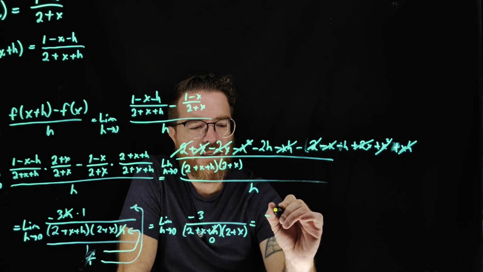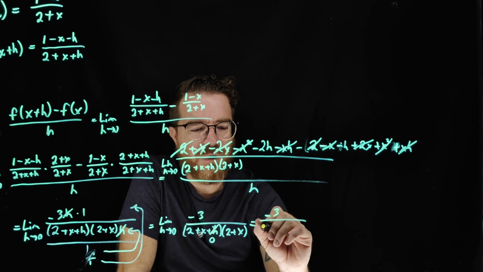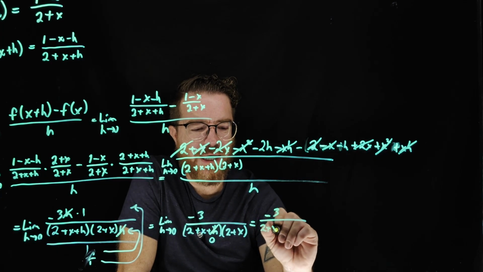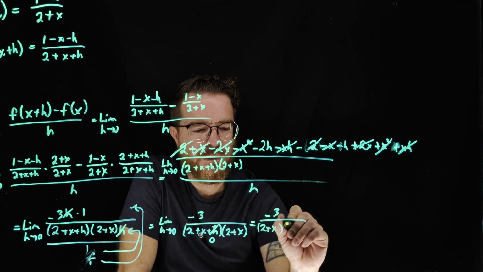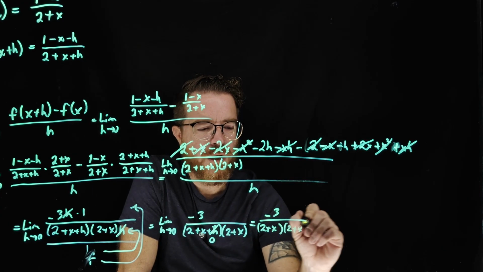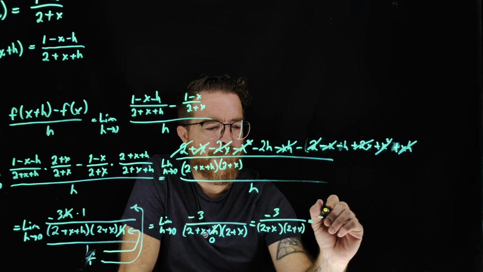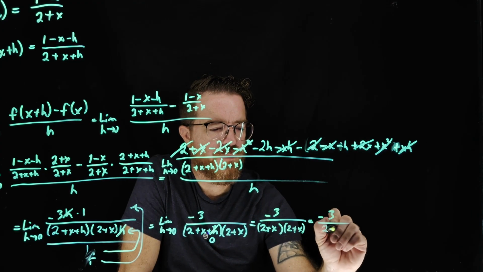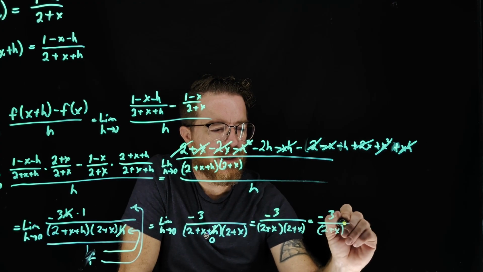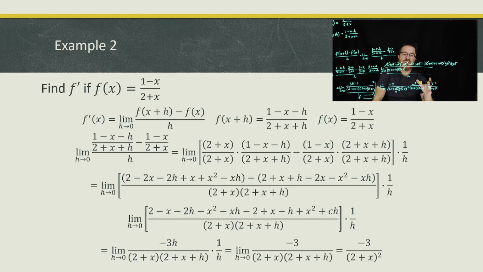This is going to be minus 3 over 2 plus x times 2 plus x, which is just going to be minus 3 over 2 plus x squared. And as other times we took the derivative, this means that as my x from my original function changes, this is going to change what the derivative is in this case.